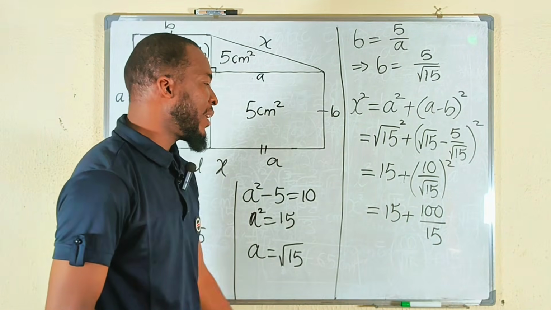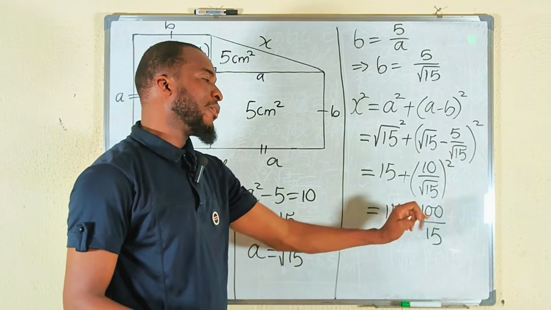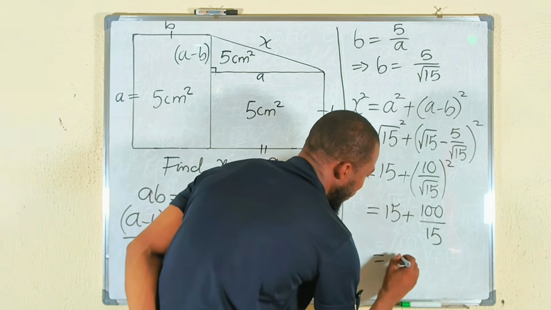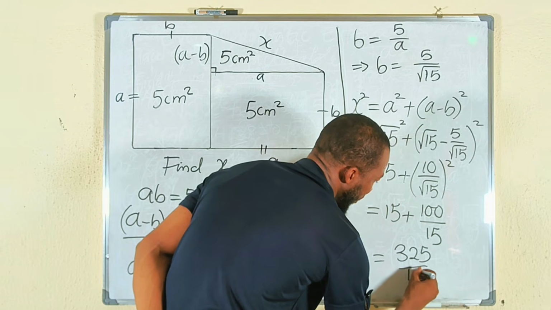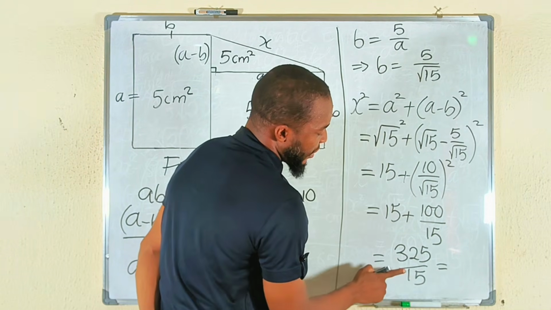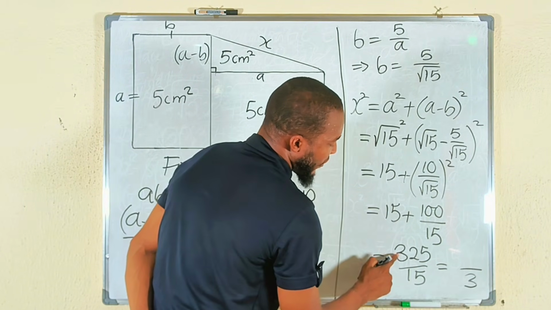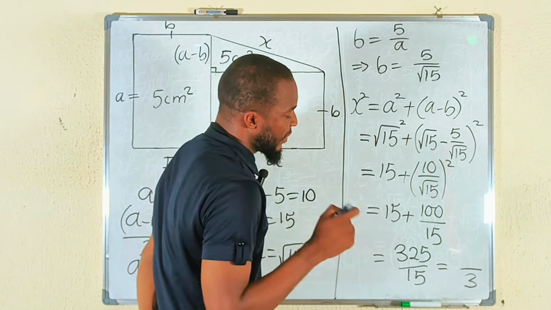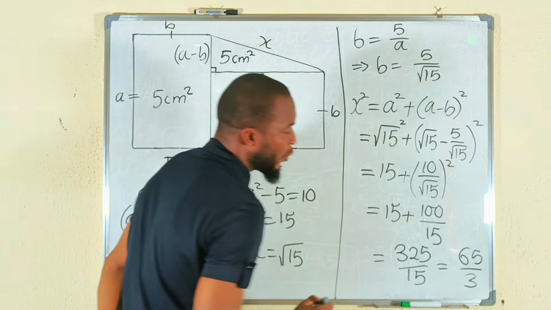We are still simplifying. 15 times 15 is 225, plus 100 is 325, divided by 15. 5 can divide this 3 times, and 5 can divide this 65.